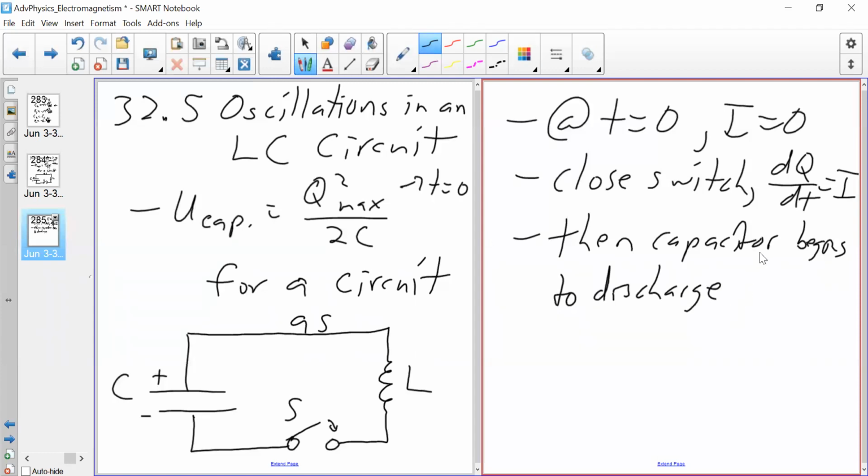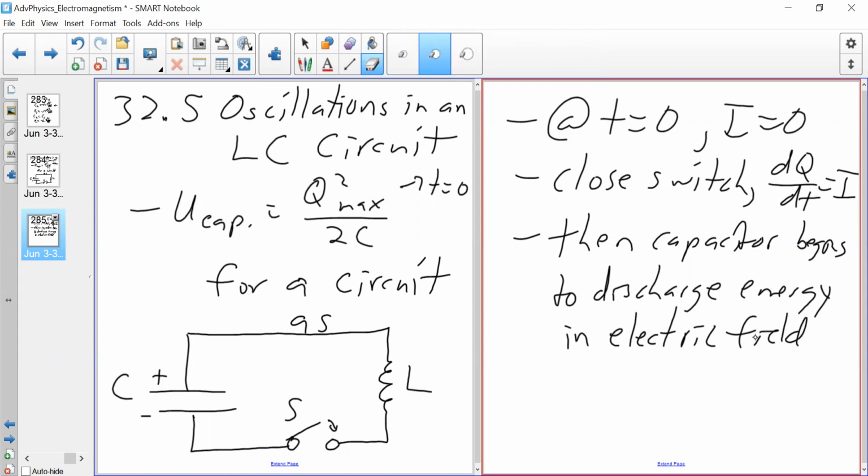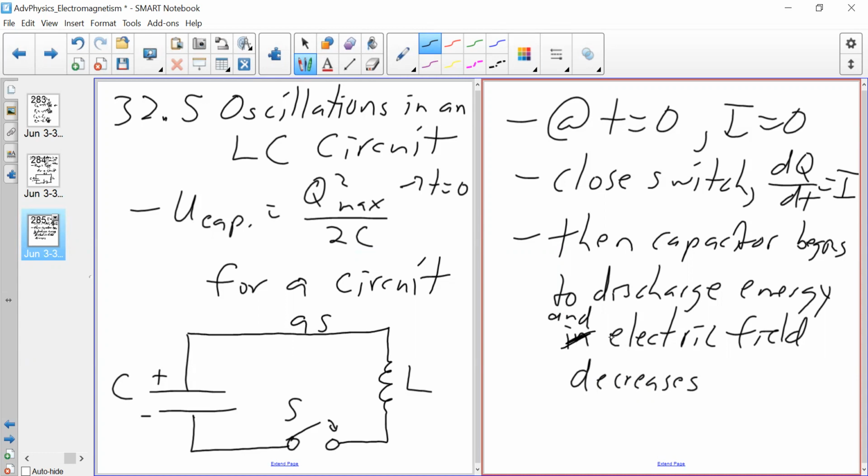When that happens, we're discharging energy and the electric field decreases.